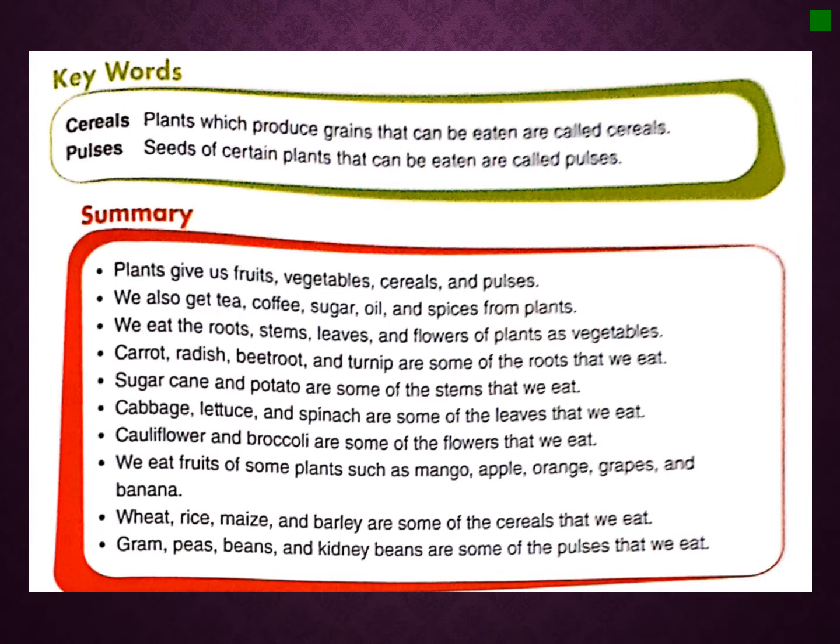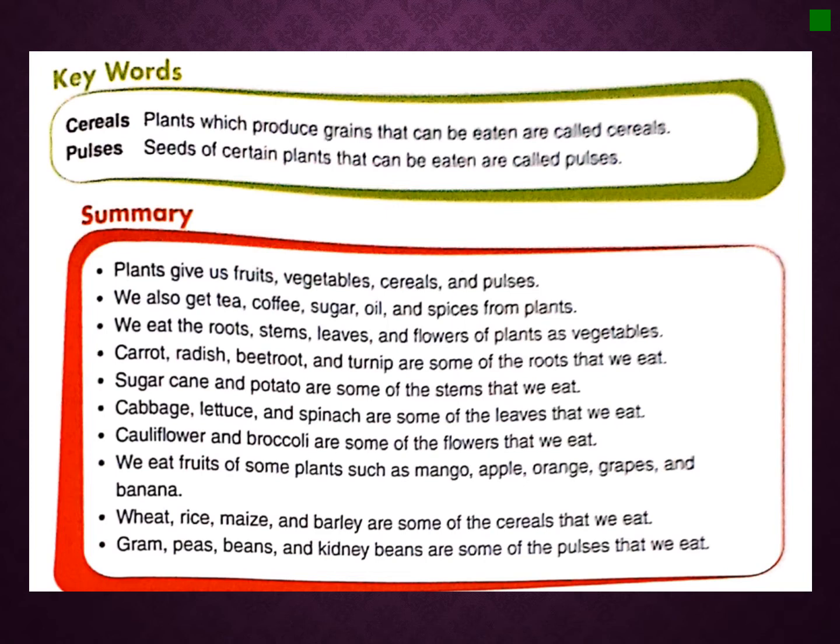So let's see what we learned in this lesson. Keywords were cereals, which means plants which produce grains that can be eaten are called cereals. Pulses, seeds of certain plants that can be eaten are called pulses.